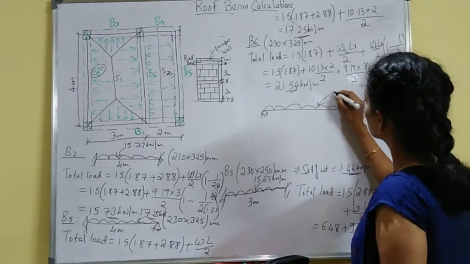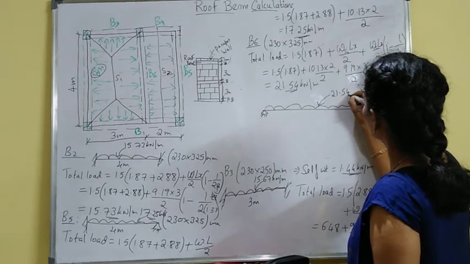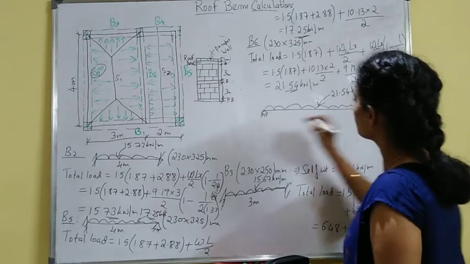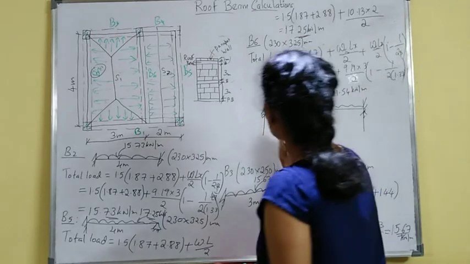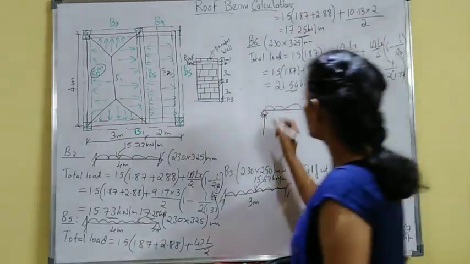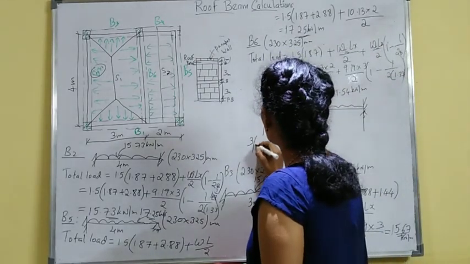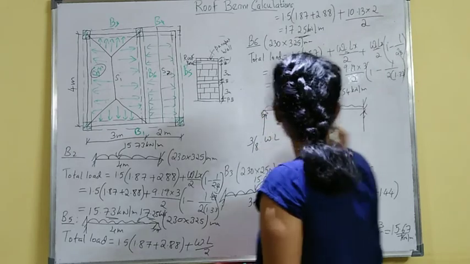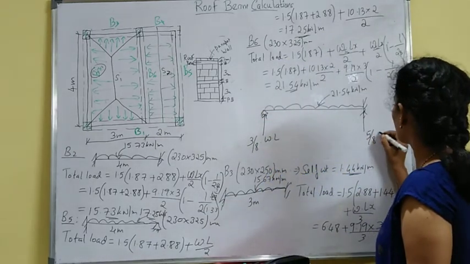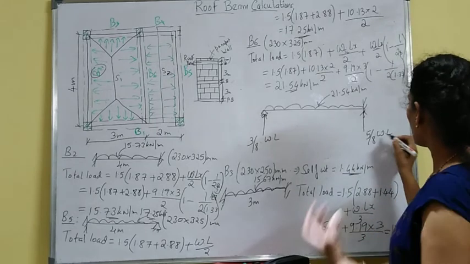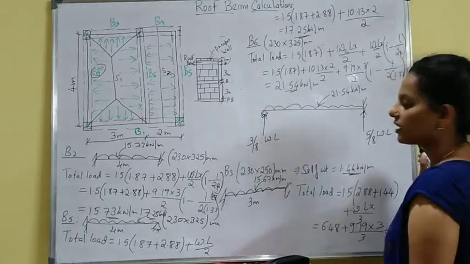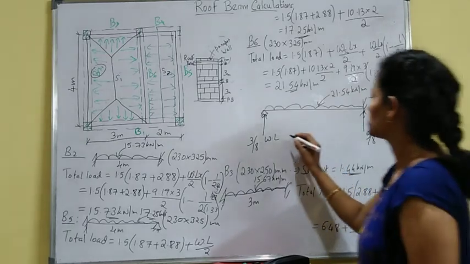So you have 21.54 kilonewton per meter, and find out the reaction for this propped cantilever. At the hinged end you have 3 by 8 W into L, and this is 5 by 8 W into L, that I have shown you in the last section, and this can be calculated by the minimum strain energy method.